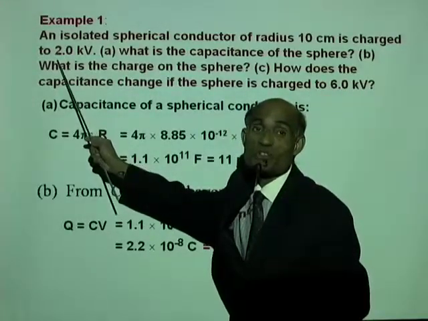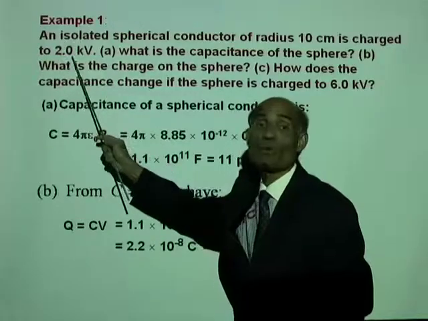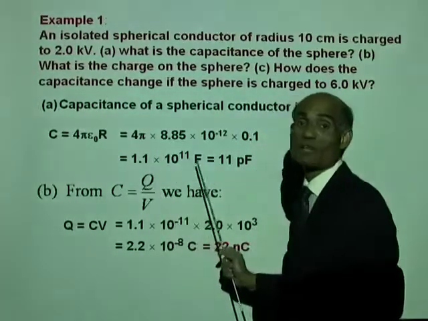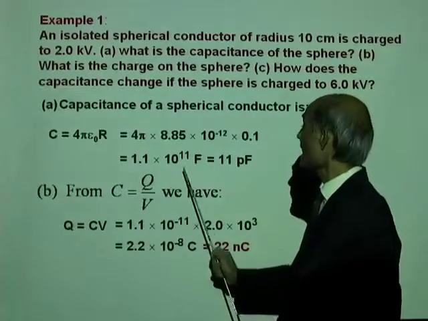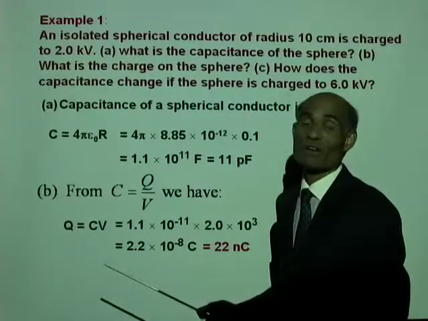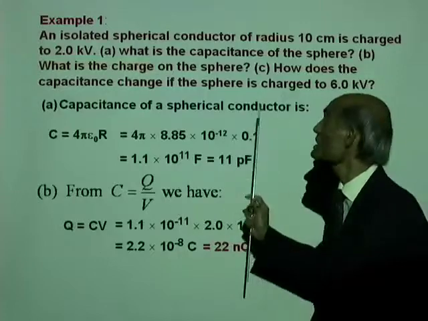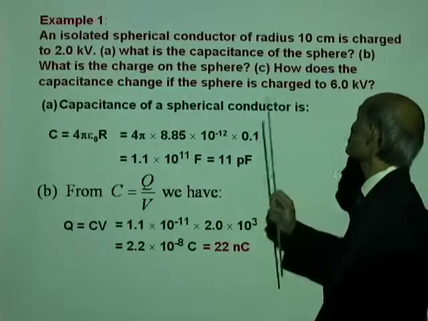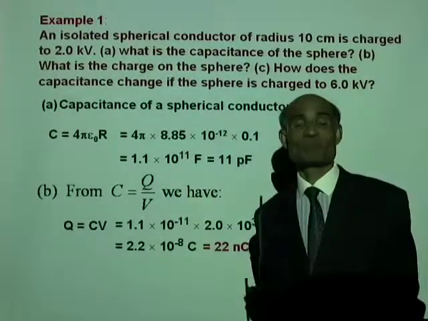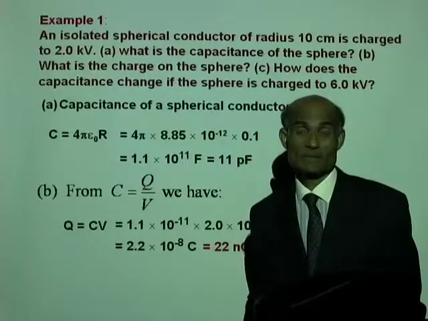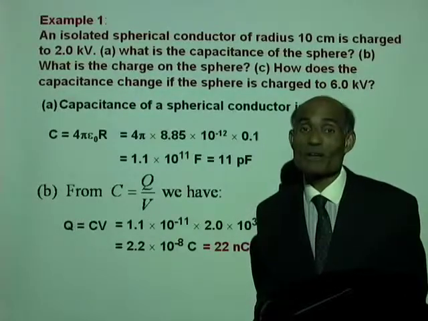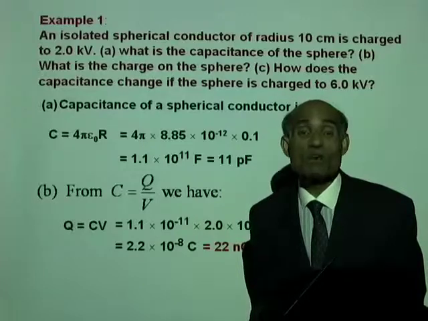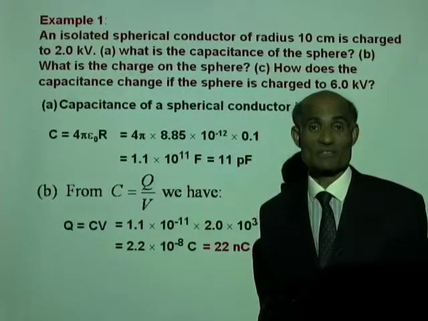Originally, we charged the conductor to 2 kilovolt, and then the capacitance was 11 picofarad. What will be the capacitance if you charge the conductor to 6 kilovolt? Did you get the answer? Well, what is the answer? There will be no change in the capacitance.